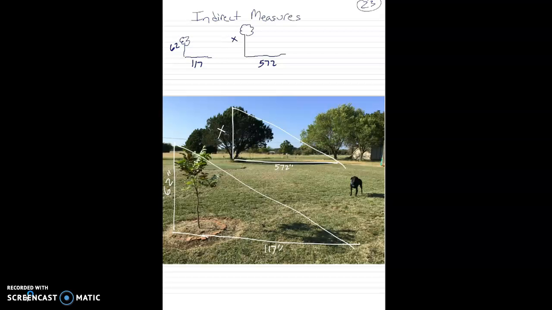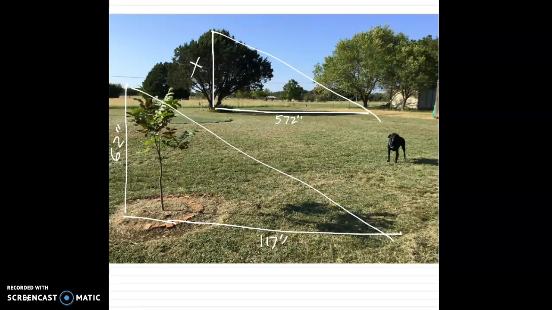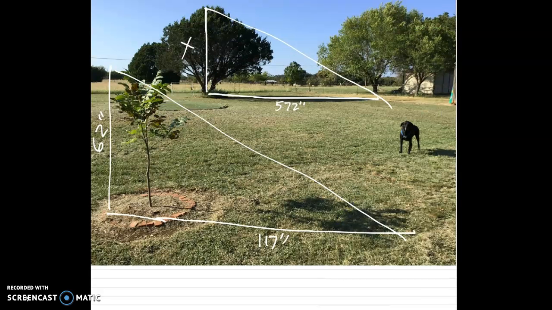We could also do this outside at school. You could measure the height of a bench and its shadow, and then you could measure the shadow of the building, and we could find out how tall the building is. So these numbers are kind of large, but we're going to knock this out. Okay. Alright, so what two things do we have? We have height and a length, or height and shadow, whatever you want to call it.